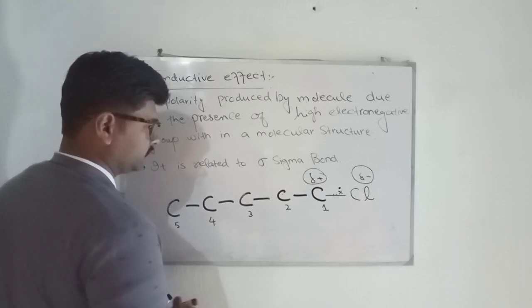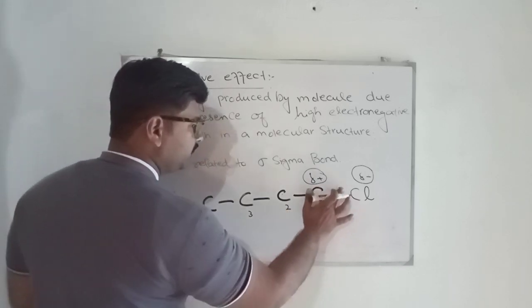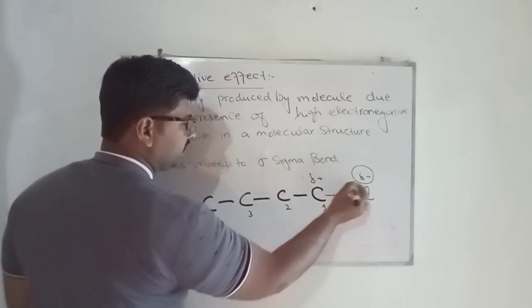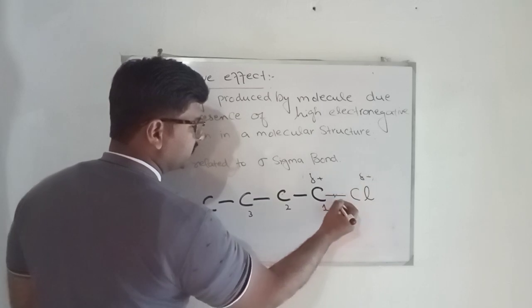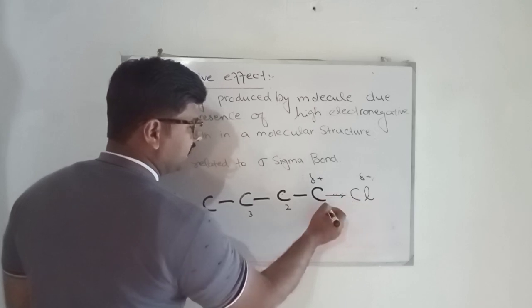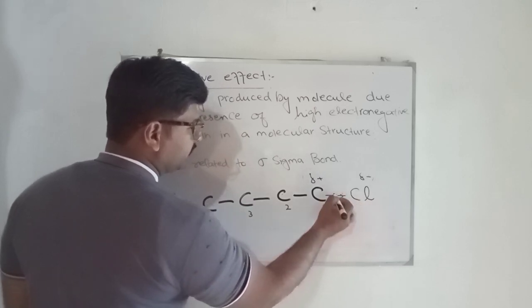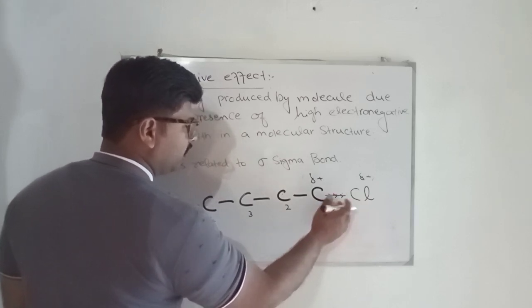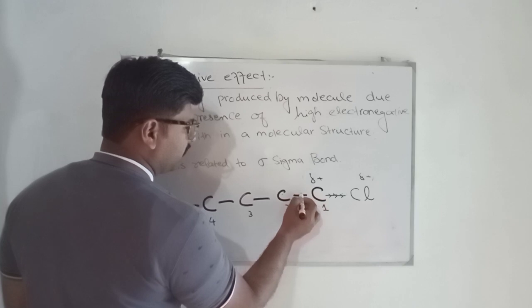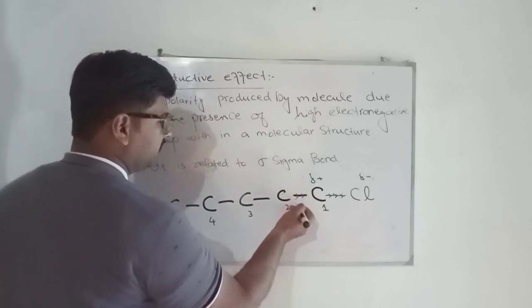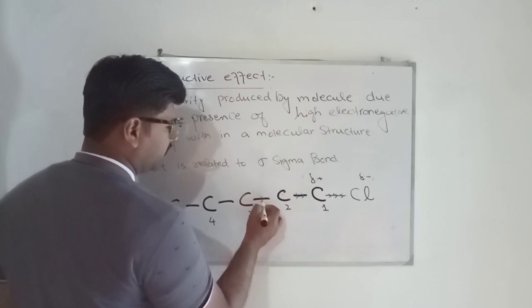Now another thing, how will you represent this effect? Of course, it will be represented by the charges that are present, plus we will draw small arrows within this bond. Let's suppose this carbon atom is directly attached with chlorine, so we will add three arrows that will indicate more attraction, but in this bond we will draw two arrows, slightly less attraction, and here we can draw only one arrow.